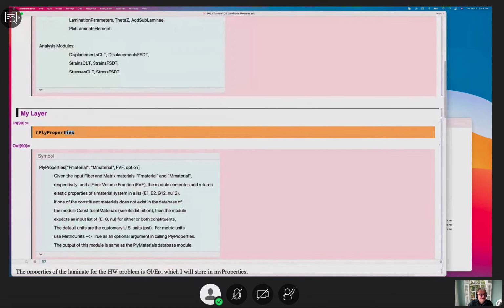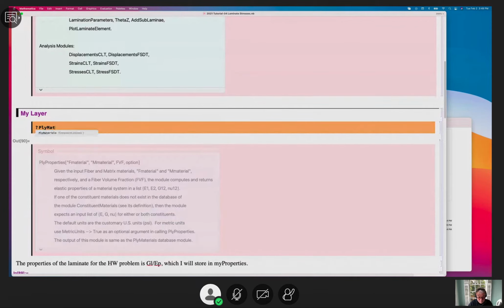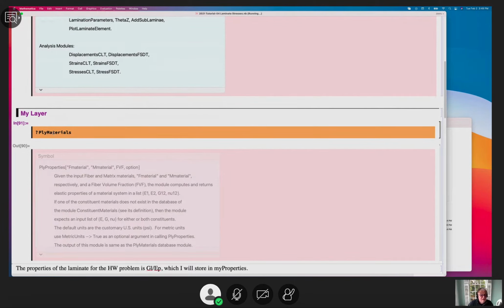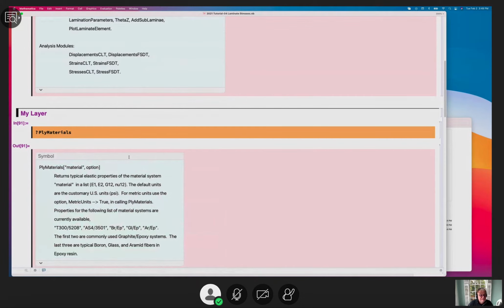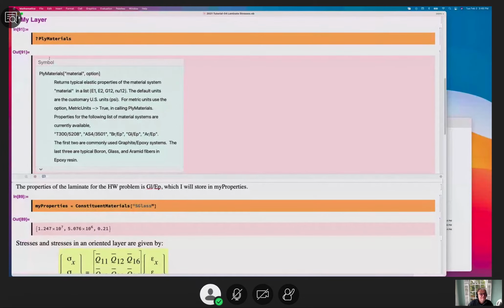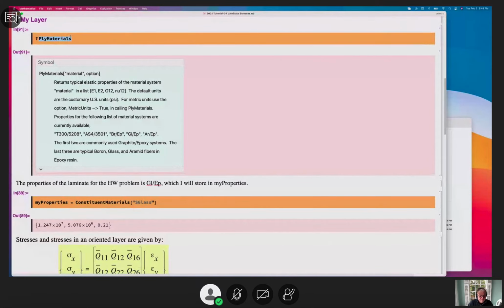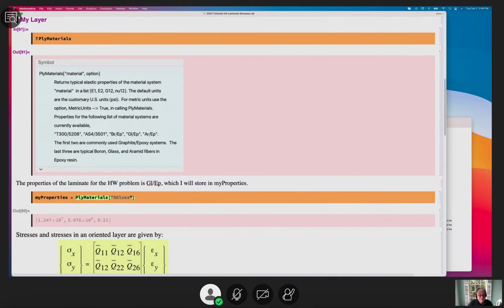I want apply materials, material and option. Yes, apply materials. That was something else, this is constituents. I don't need the constituents for this. I need apply materials. And that's why this was less epoxy.